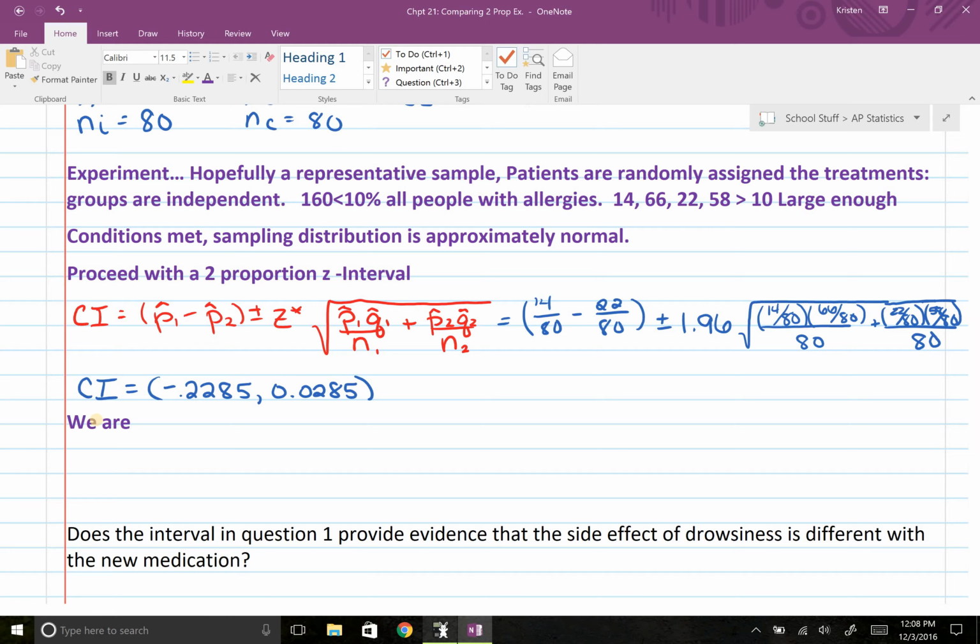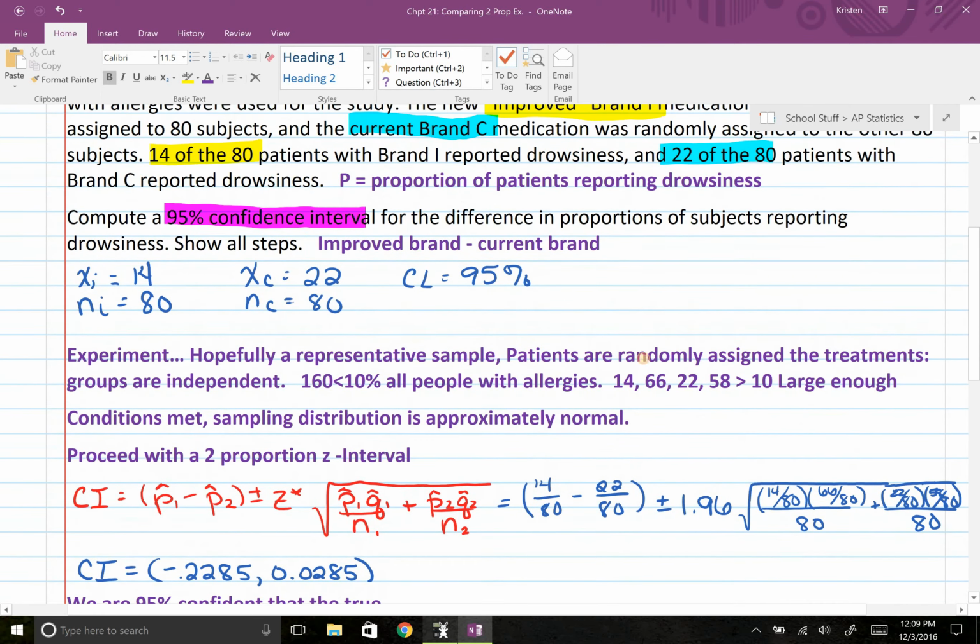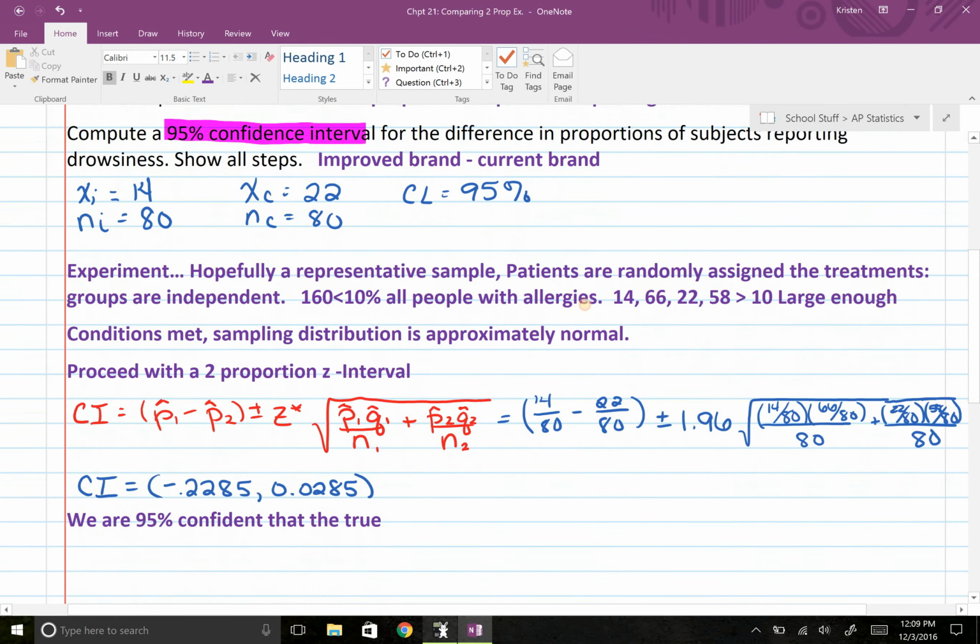We are 90% confident that the true, in this case we need to go back to see what we're talking about, and for this problem, it is difference in proportions of subjects reporting drowsiness.